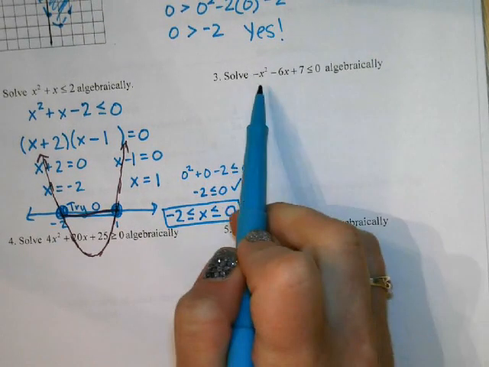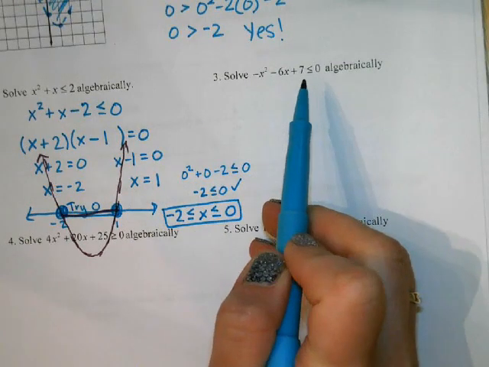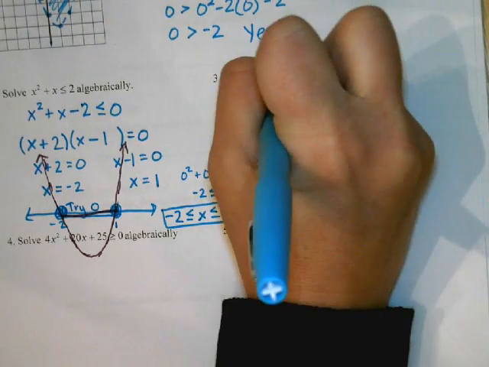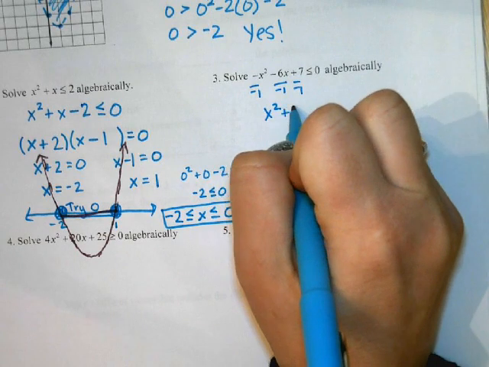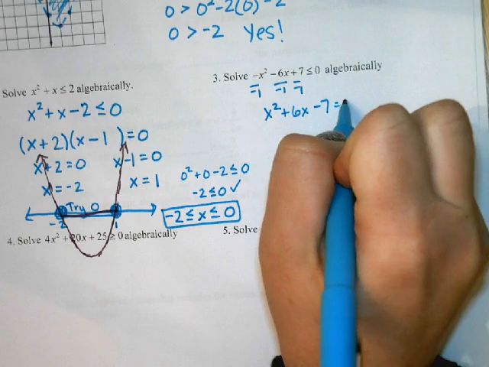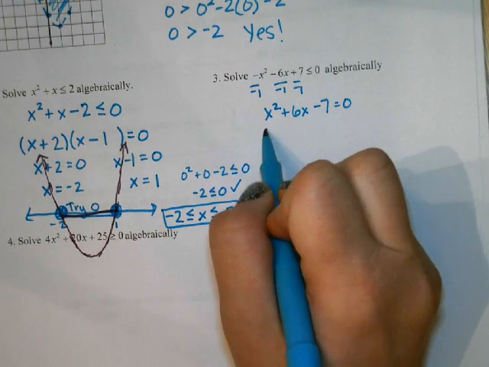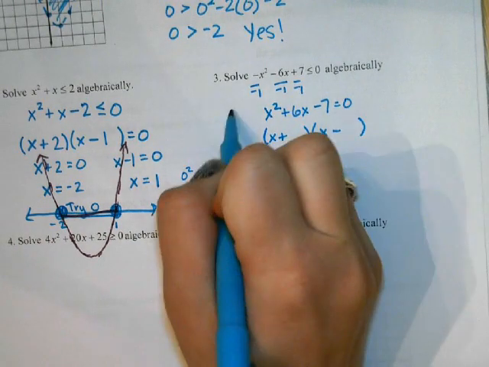Now, these guys aren't exactly very nice to solve with a negative x squared, right? So let's go ahead and divide everybody by a negative 1 to make him easier to factor. So I'm going to factor x squared plus 6x minus 7. Okay, I have a plus and a minus. So it's going to be a plus and a minus.